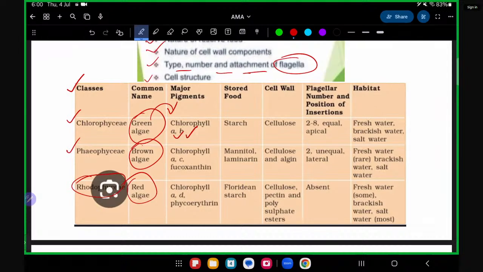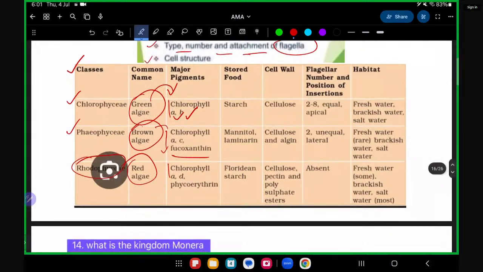You can see chlorophyll A is common in all the algae. Brown algae contain chlorophyll A and C, then fucoxanthin. Red algae contain chlorophyll A and D and phycoerythrin.